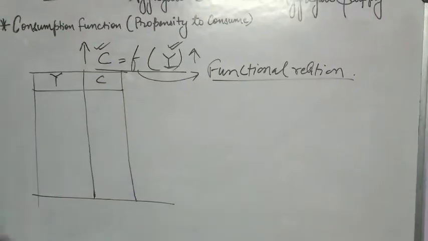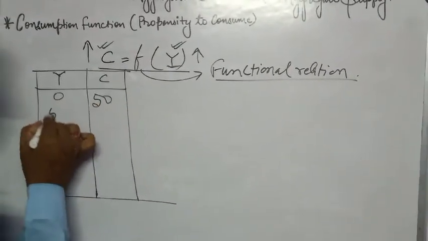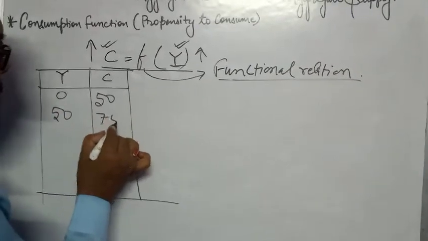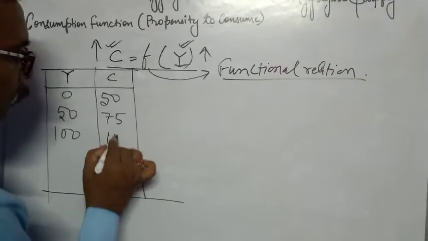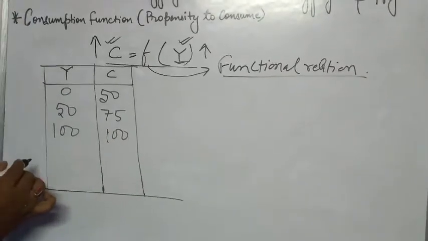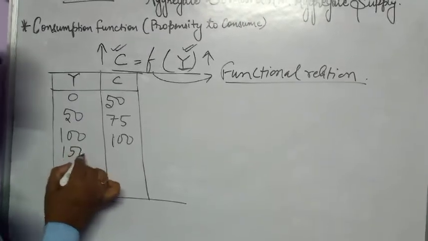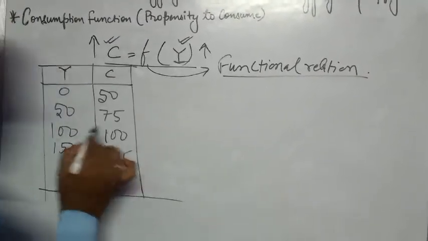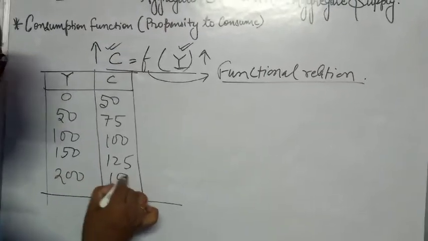The values I am going to take are 0, 50; again 50, 75; next 100, and this is also 100; and if it is 150, then it is 125; again, if it is 200, then it is 150.